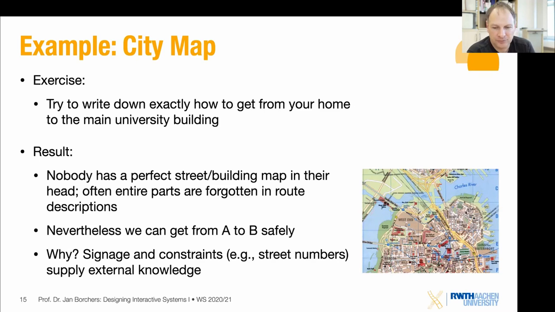For example, street names, numbers of buildings, or important landmarks at a corner that all help us, with external knowledge, to find our way, right? So this is another example of external knowledge that is basically helping us so that we can get by with knowledge that is less than perfect in our head.